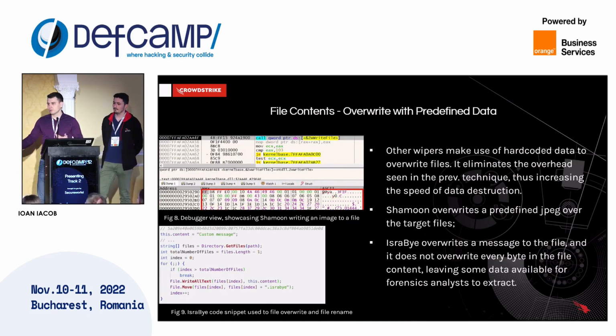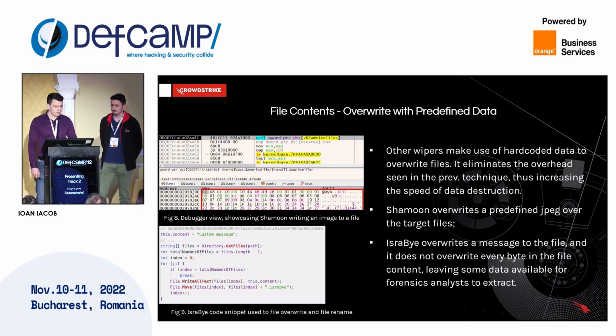So that garbage data is overwritten over the target file, which is a nice way of generating random data. In order to surpass that potential drawback, other wiper families have hard-coded contents that will be overwritten to the files. In the case of Shamoon, for example, they have a JPEG image that is overwritten over these files.